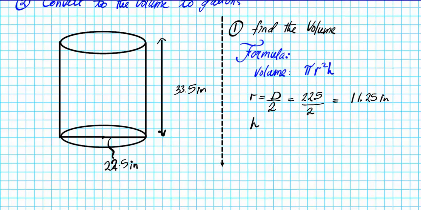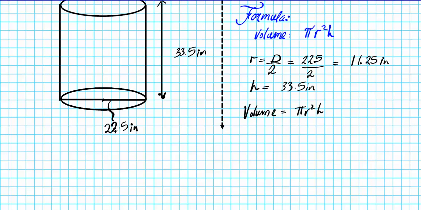The height, h, is what? 33.5 inches. So your volume is going to be pi r squared h according to that formula. So we'll just substitute in. We are going to have pi times the radius 11.25 squared, multiplied by the height 33.5.